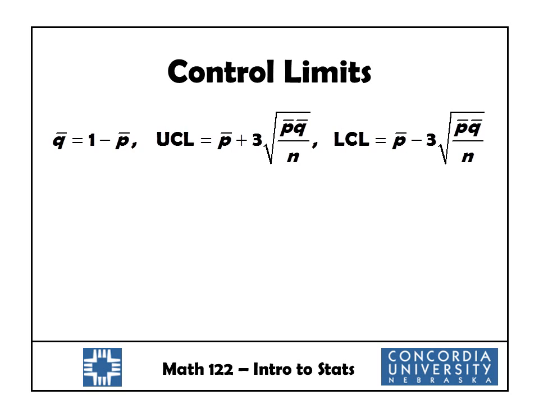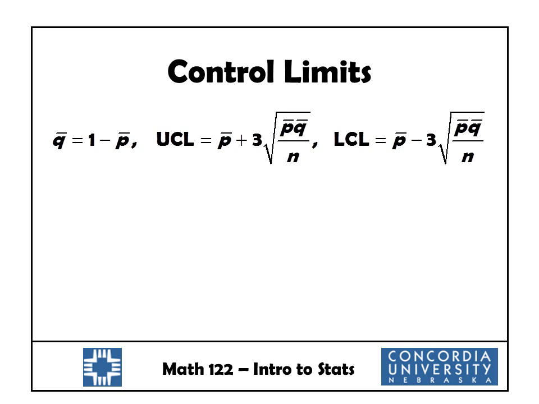Now to calculate our upper and lower control limits, we're going to use these formulas. First we have to calculate what we call Q bar, which is 1 minus P bar. This is very similar to when we talked about the binomial distribution. We had Q hat, which is 1 minus P hat. That's because this is all based off ideas pertaining to the binomial distribution.